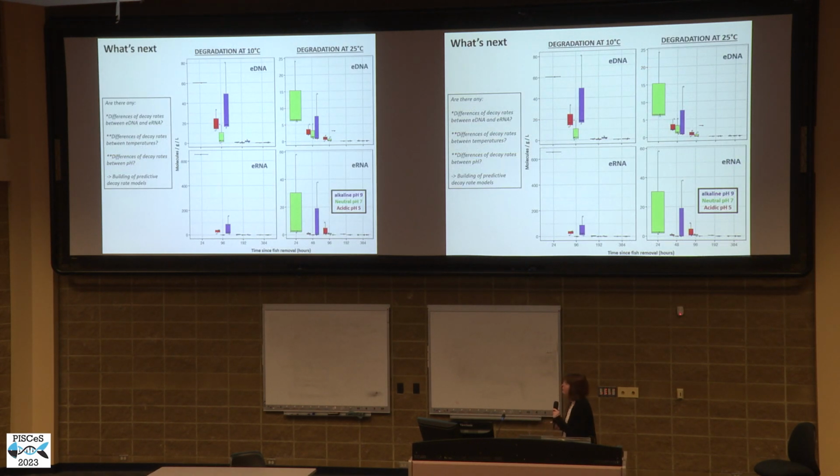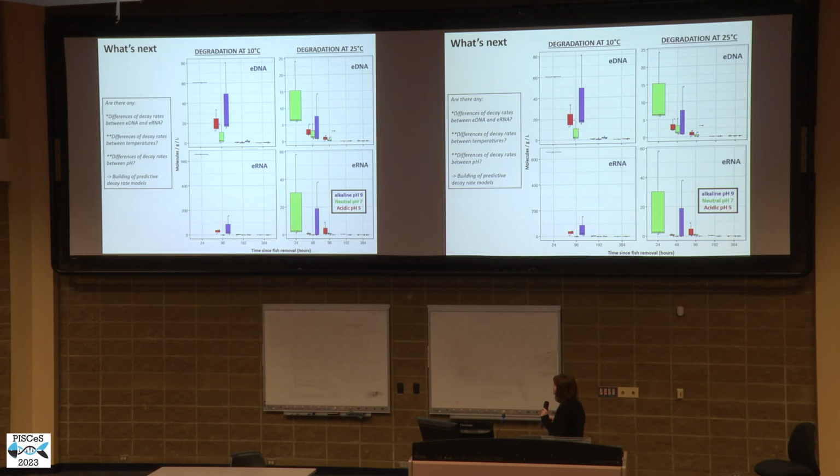Here I just wanted to show you a small glance of the kind of analysis we want to perform. Here you can see the levels of eDNA and RNA molecules with time, in hours, during the degradation time, so once the fish were removed. On the upper panel, this is for eDNA. On the bottom panel, this is for RNA.